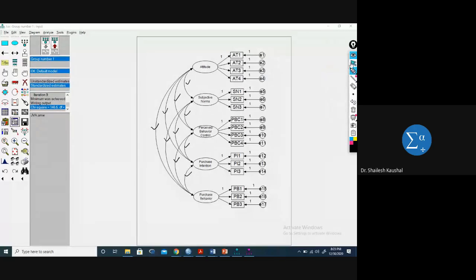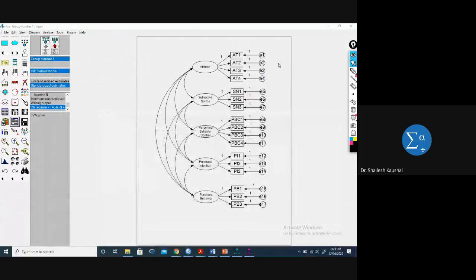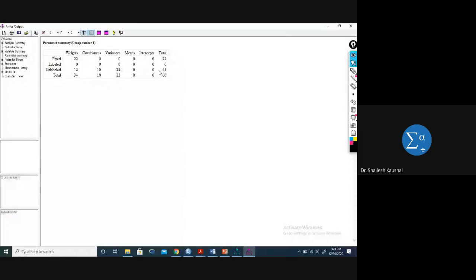These 10 are the covariances. And then variances. How many variances? 22. How do we calculate the 22 variances? These are E1, E2, E3 up to 17, plus attitude, subjective norm and the others, 17 plus 5 is 22. So 22 variances, and then we can total it.